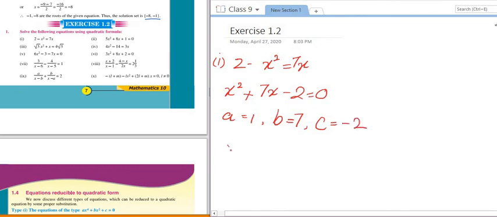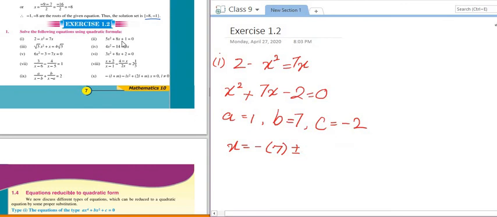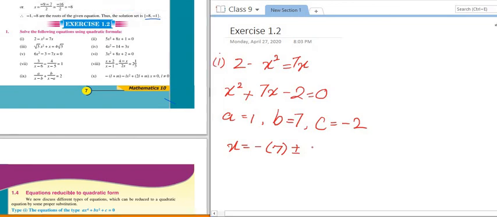Just put these values in the formula, that is x equals minus b plus minus square root of b square, that means 7 square, minus 4ac.